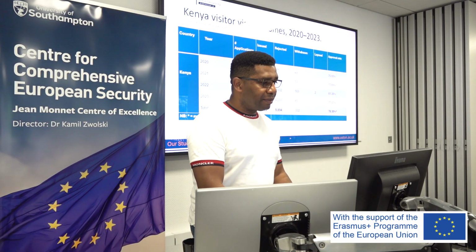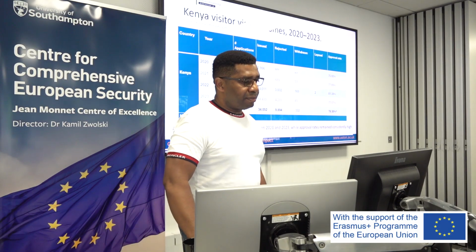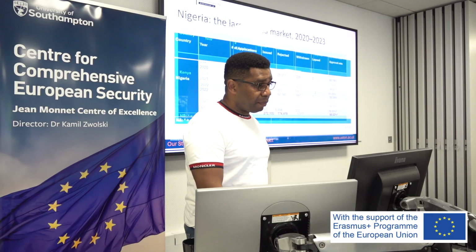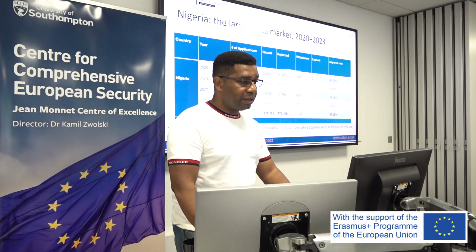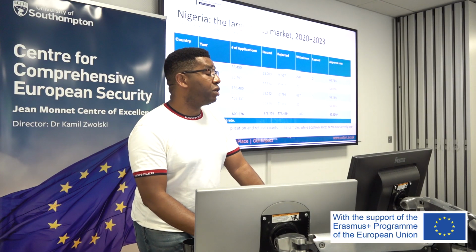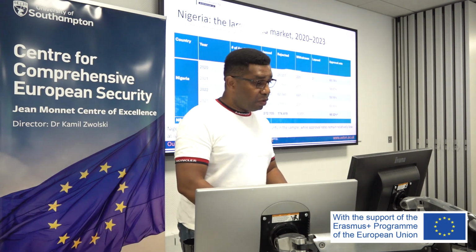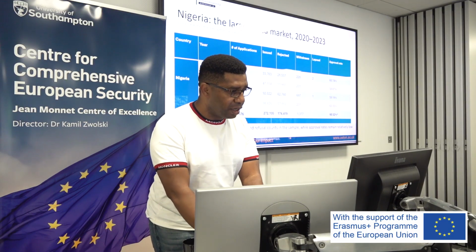So Kenya, and then Nigeria. Nigeria has got the highest number of refusals. Over 170,000 people got their visas refused, whereas they also paid money, or their money was taken.